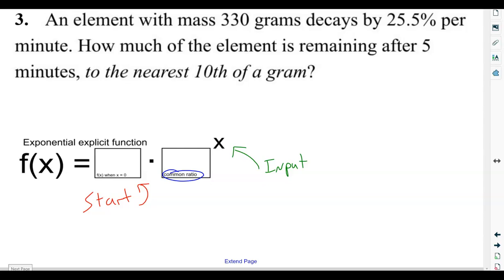See if you can figure that out again. Okay, we're going to have 330 as our start. 25.5% per minute is our common ratio. We're going to convert it. In 5 minutes, it's going to be our input.